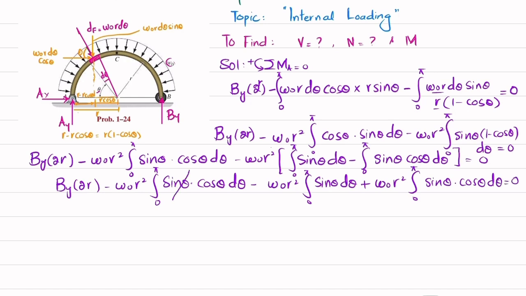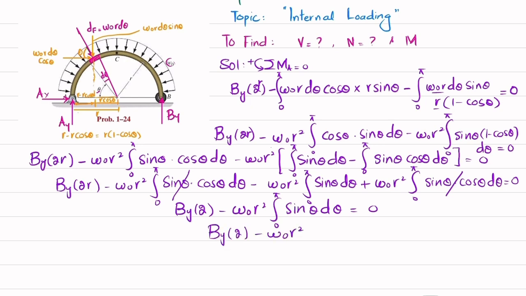So you can see this will cancel with this, and we will be left with By into 2r minus W naught r square integral of 0 to pi sine theta d theta is equal to 0. The integral of sine theta will give you minus cos theta from 0 to pi.